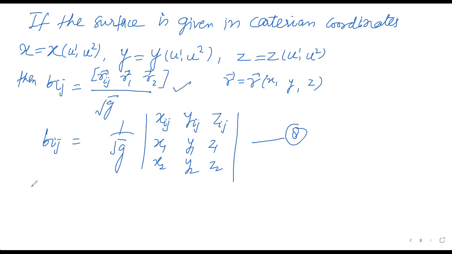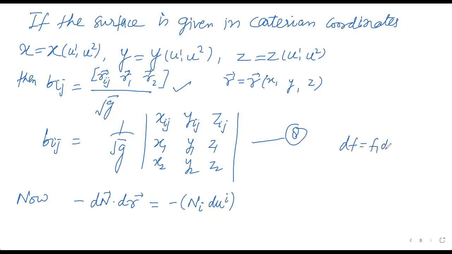And also one more relation I can find. Suppose I want to find minus dn dot dr. Minus dn dot dr will be what? So dn is how much? The derivative of n, this is the differential. Differential of f is f1 du1 plus f2 du2, which I can write as fi dui. So my dn can be written as ni dui and dr can be written as rj duj.